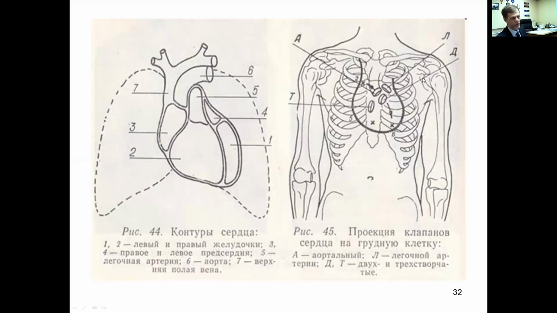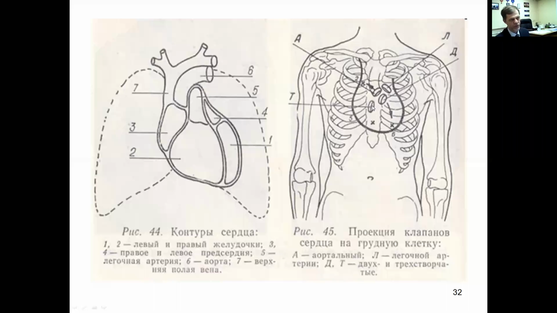So now if you remember anatomy, you see all valves placed nearby. This is the mitral valve, tricuspid valve, aortic valve, and pulmonic valve. But for example, for the mitral valve, the best point of examination is not here, but here on the apex of the heart.